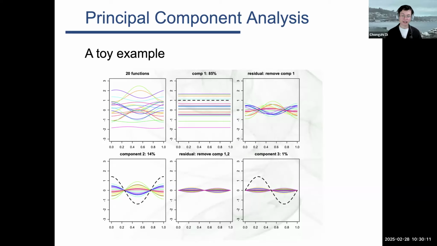Because these are ordered decreasingly, we can also use this information to decide how many components we want to keep, right? Most people oftentimes choose a threshold. Let's say you want to explain about 90% or 95% of the variation, then you will decide, maybe I will only keep the first two. That's sufficiently large.